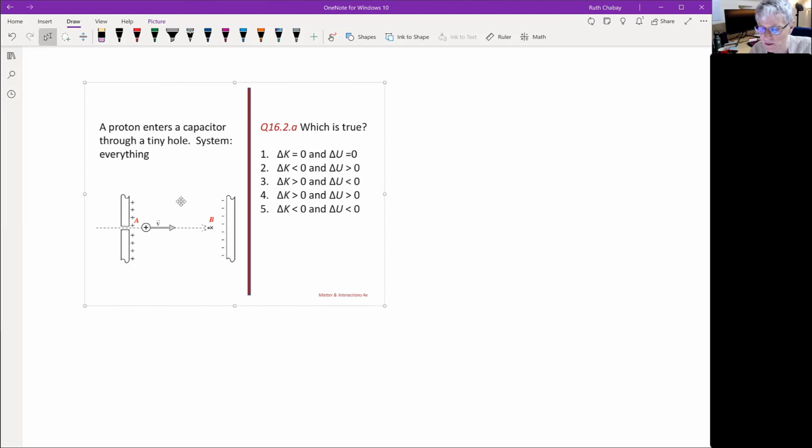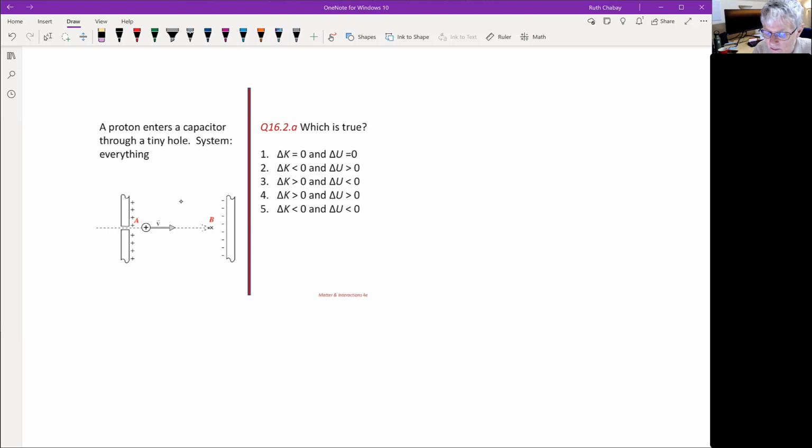The way this capacitor is drawn, with the little squiggly things on the ends, indicates that these are really big plates that go up to the ceiling and down through the floor, and we're just not drawing the whole thing. We're just zooming in on this little region near the center.